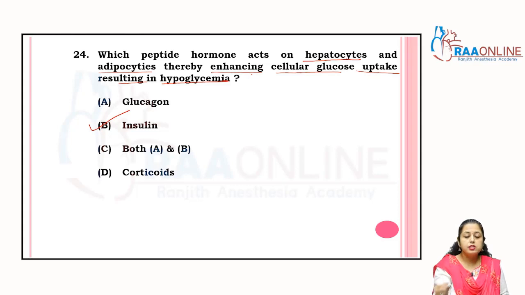There are some processes, that is glycogenolysis, gluconeogenesis, and glyconeogenesis, right? All these functions are performed by the liver cells, that is the hepatocytes. It also acts upon the adipocytes, because it converts extra amount of the glucose into the glycogen and stored in liver and the muscles, right? So the answer is Bombay. Clear?